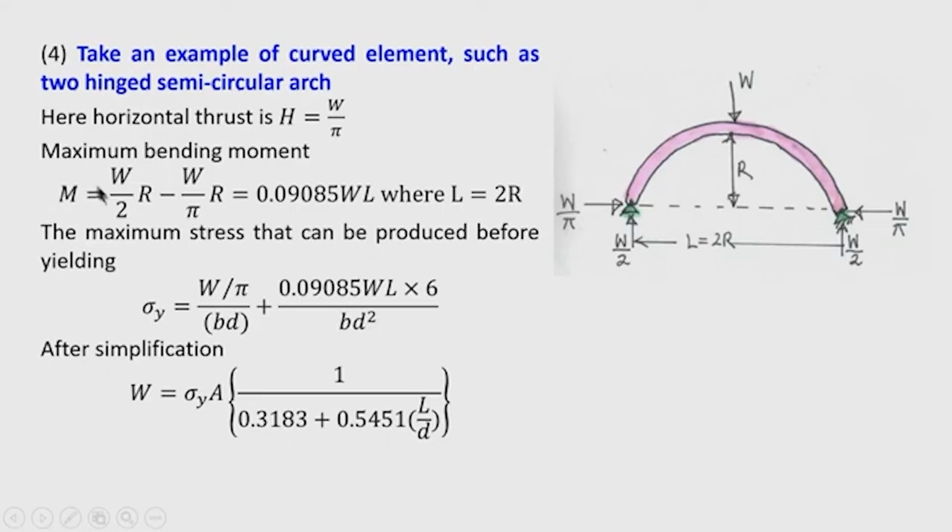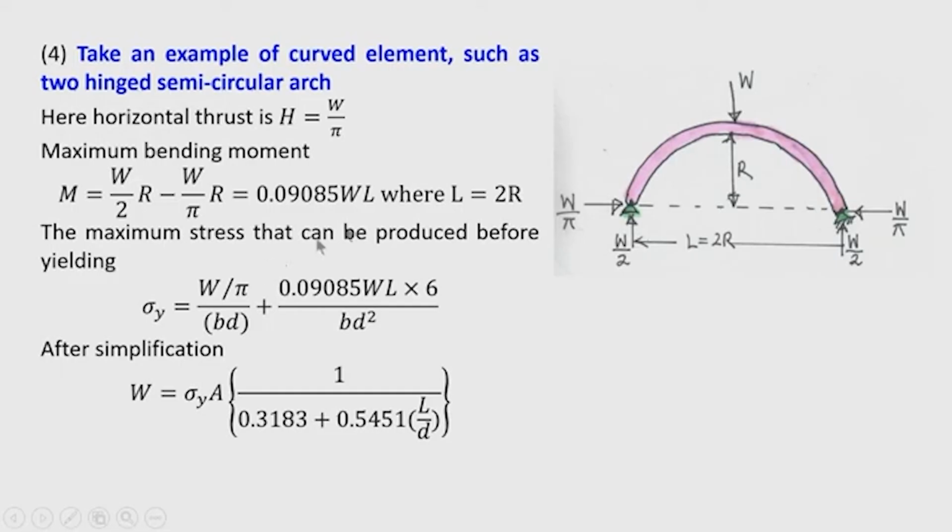So, maximum bending moment is M equal to W by 2 into R minus W by pi, this is the horizontal reaction, into R. After simplification and putting R equal to L by 2, we ultimately get M equal to 0.09085 W L. Now, this is the bending moment of the semicircular arch, two hinged, subjected to a concentrated load at the crown.